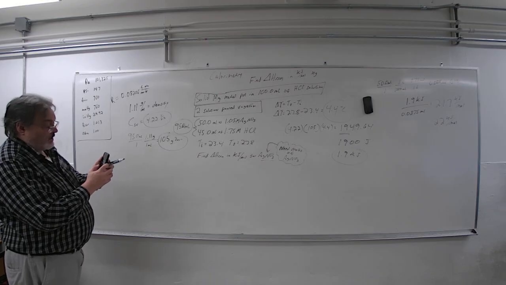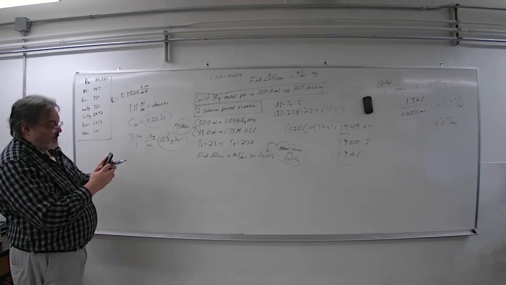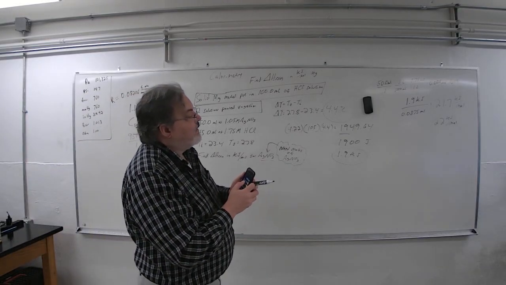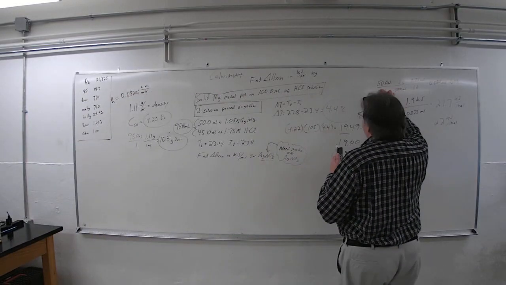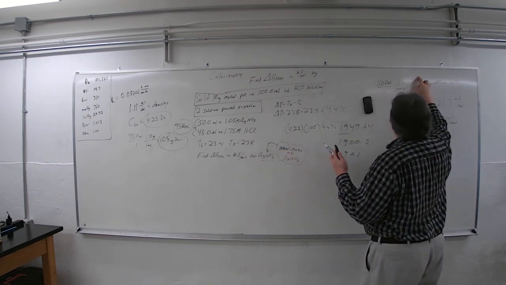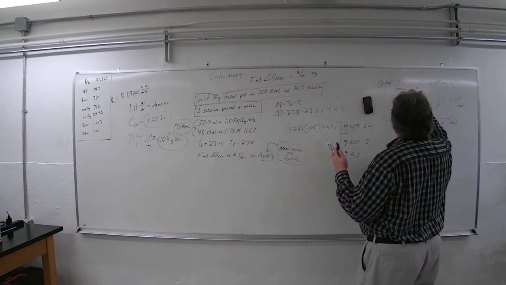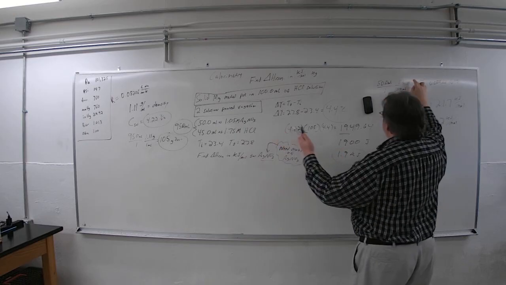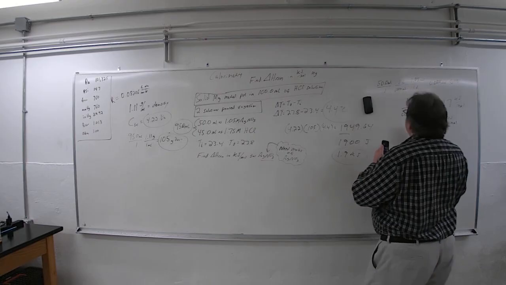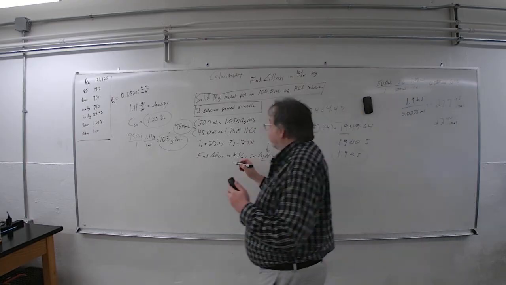Dr. Henry, on the top right corner of the board, I can tell it says 1,000 milliliters. Should it be 95? Oh, no, this should be 1.05. That's all that's wrong.